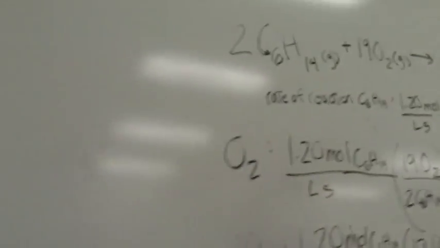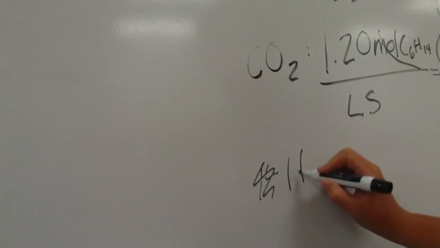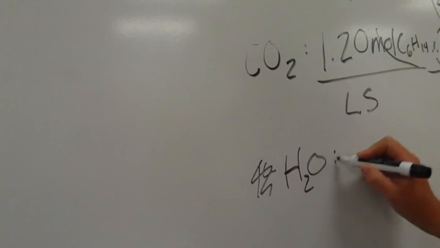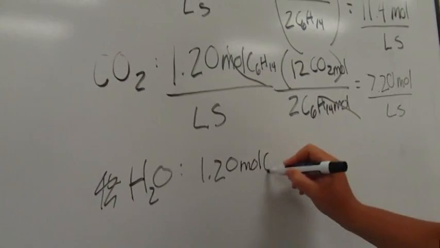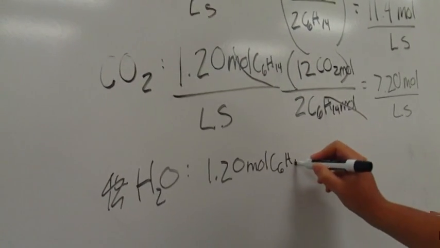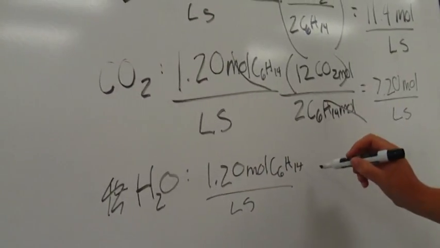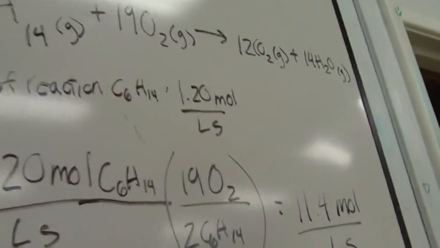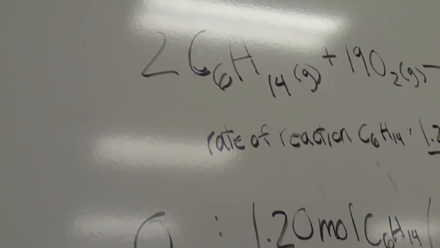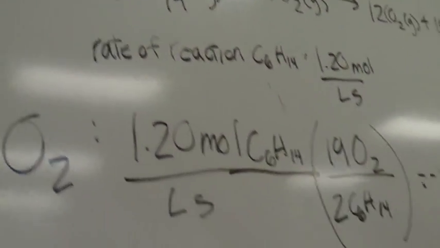And last of all, for H2O, 14 moles of H2O for every 2 moles of hexane.